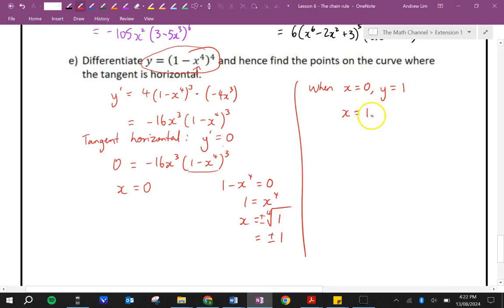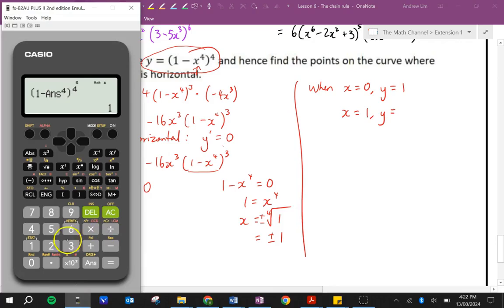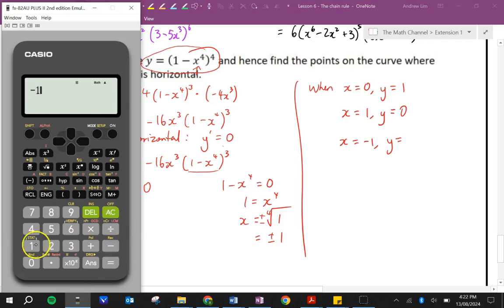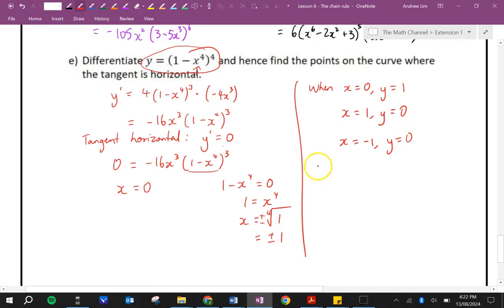When x is equal to 1, what's y equal to? 0. And when x is equal to negative 1, what's y equal to? 0 as well. So, therefore, tangent is horizontal at 0, 1, 1, 0, and negative 1, 0.